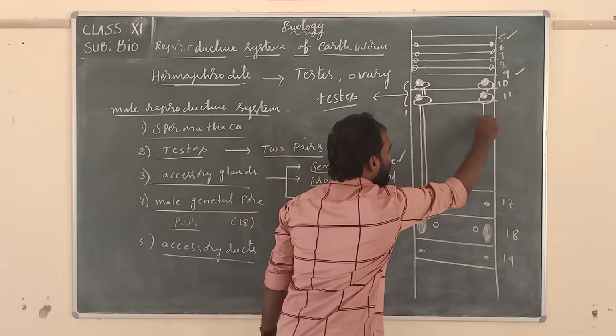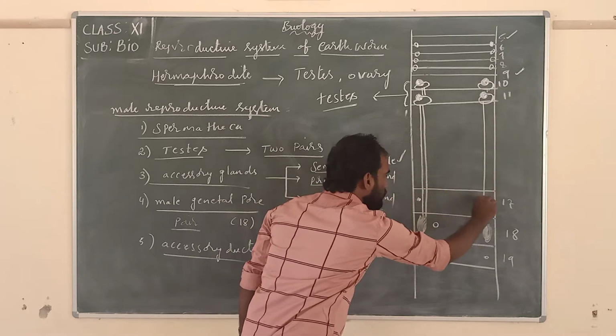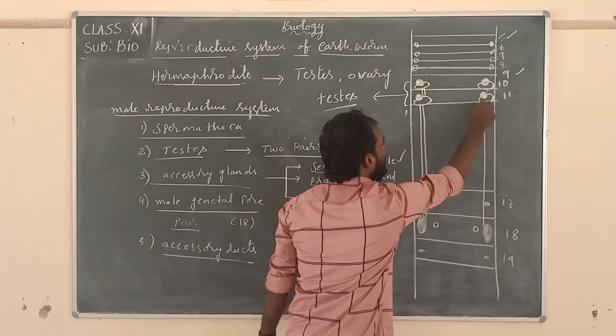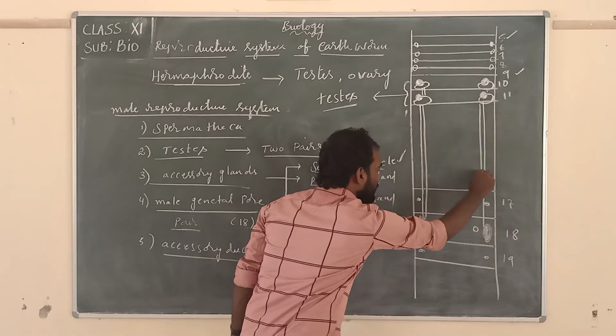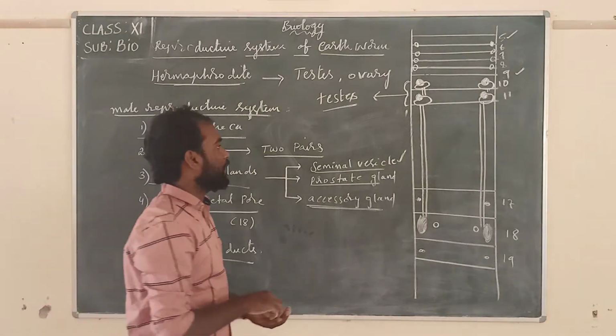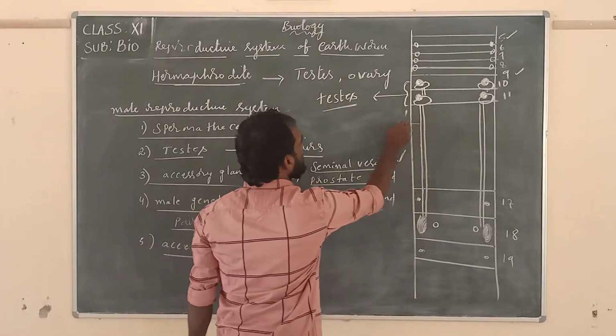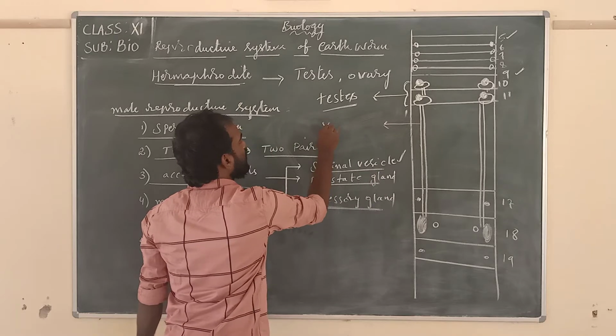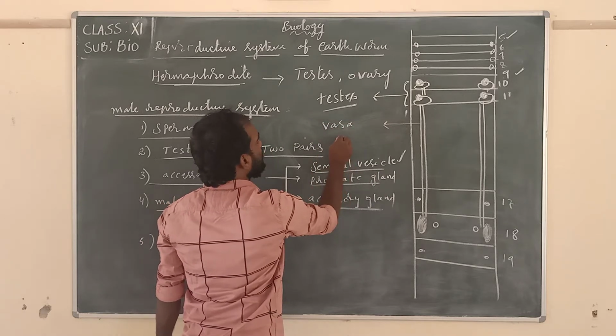The testis opens into a long tube-like structure which runs up to the 18th segment.